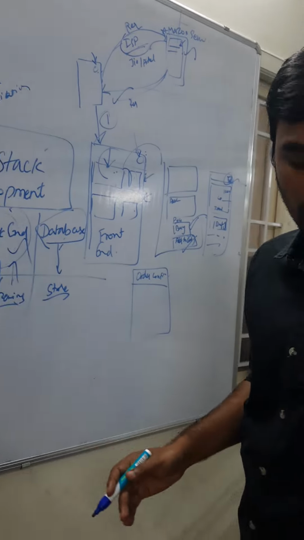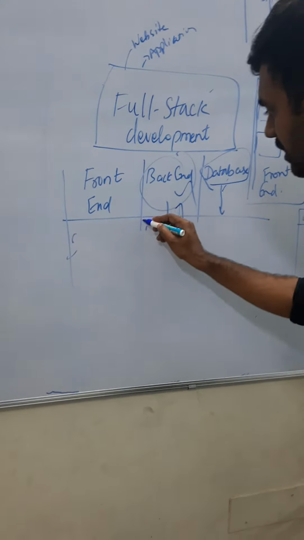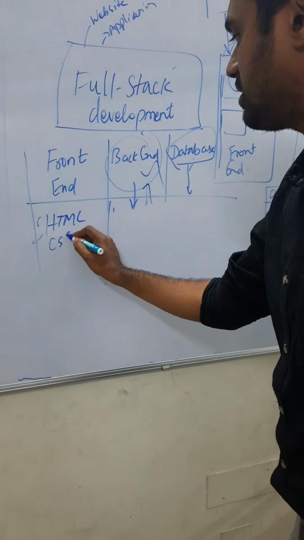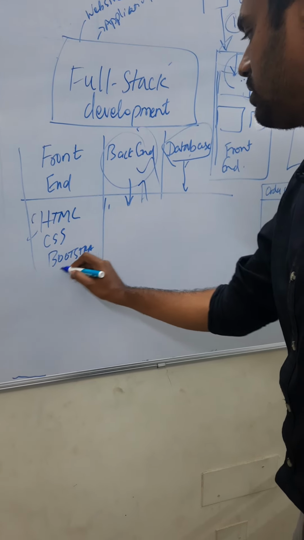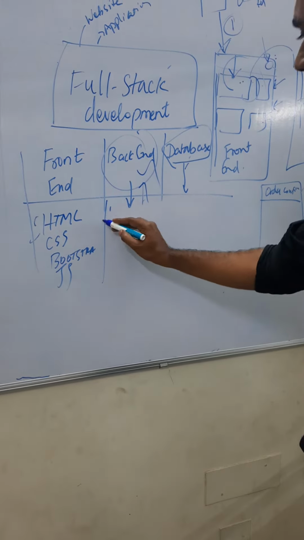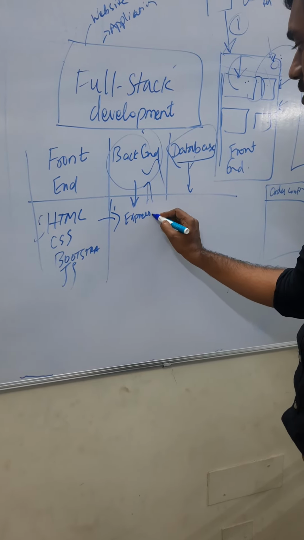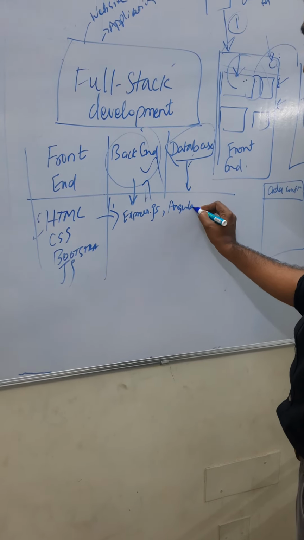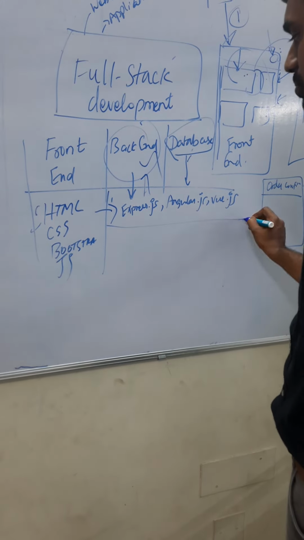So there are a lot of technologies available to implement this full stack development, but front end is mostly HTML, CSS, Bootstrap, JavaScript. So backend can be anything. For example, you can go with Express JS, or you can go with Angular JS, Vue.js. There are a lot of JavaScript frameworks basically.